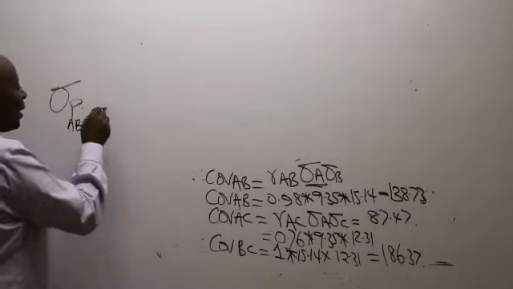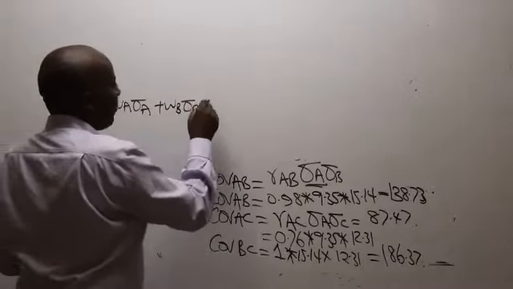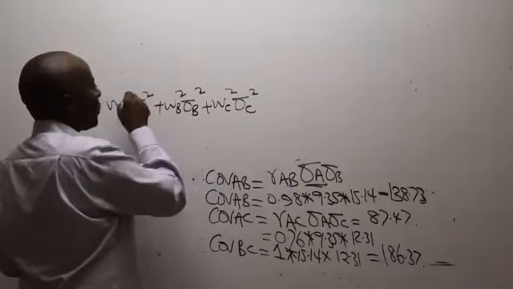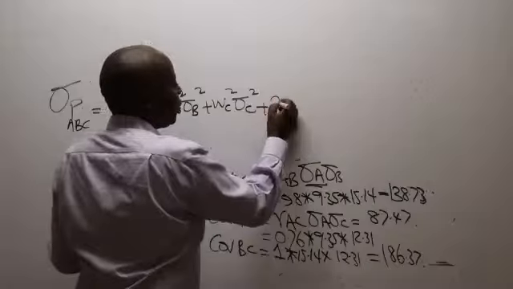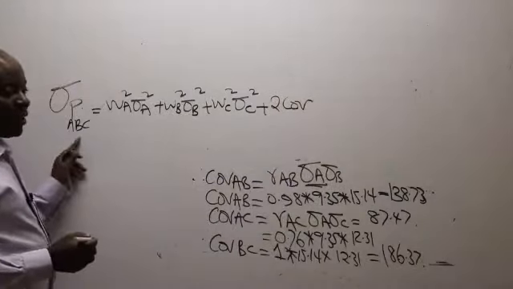No worries. I'll come and write weight A, standard deviation A, plus weight B, standard deviation B, plus weight C, standard deviation C, and I square everything. Now plus 2 covariance, the first pair. Remember, here we have 3 pairs.